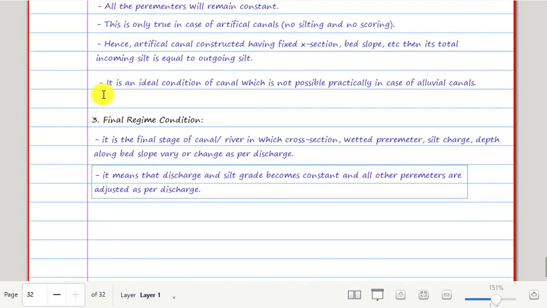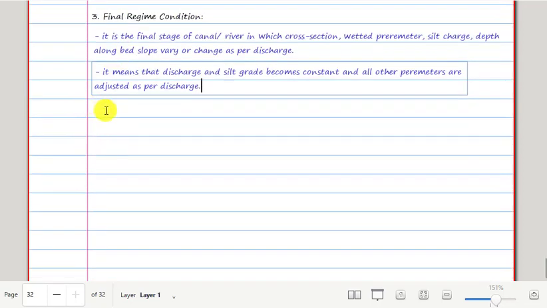These were three important conditions which Lacey defined after investigating the Kennedy's theory. Okay. Other than this, there are few more important points we need to note them down. Then after that we will move towards the design steps. So some other important points include, they are also dependent on the previous discussion we have done.